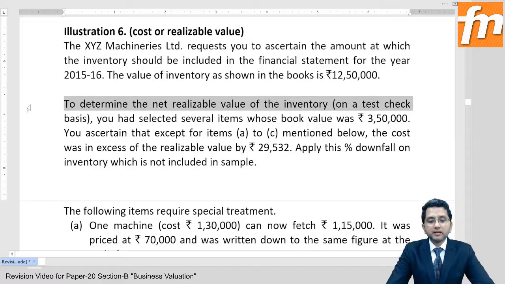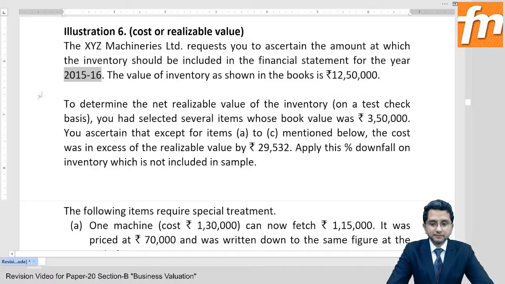To determine the net realizable value of the inventory as at 31st of March 2016, on a test check basis, you had selected several items whose book value was rupees 3,50,000.